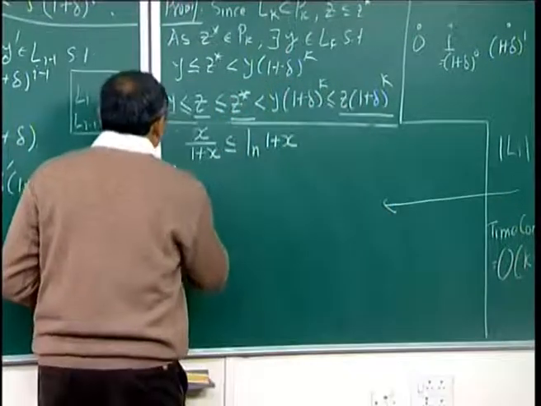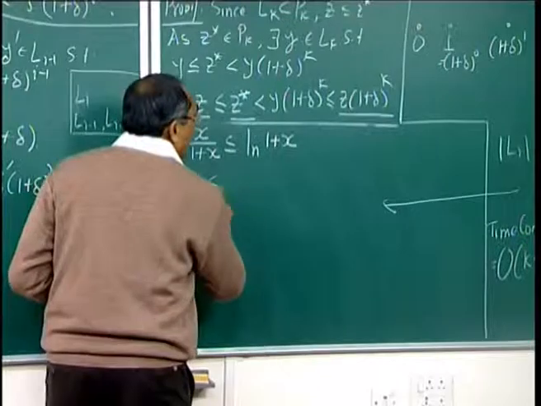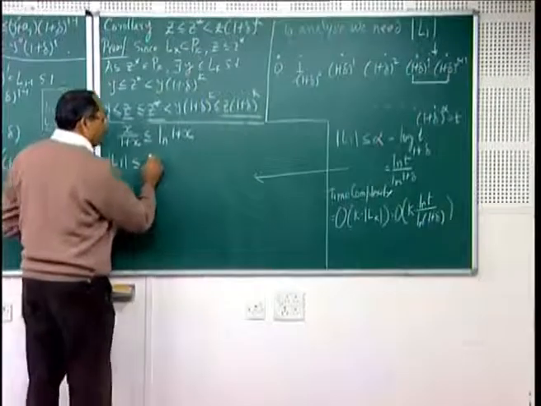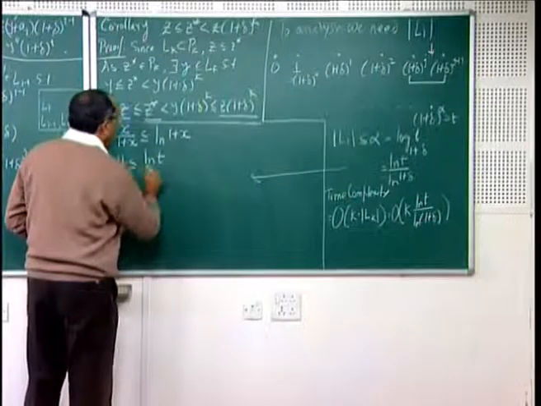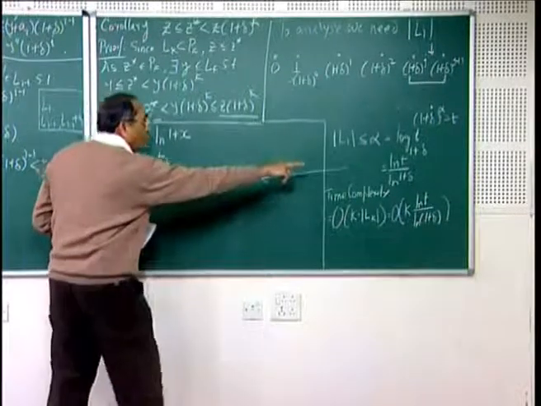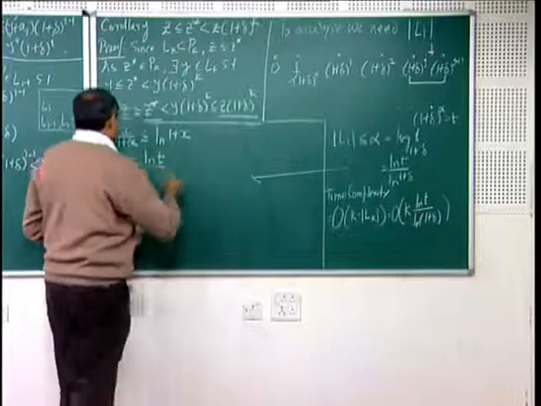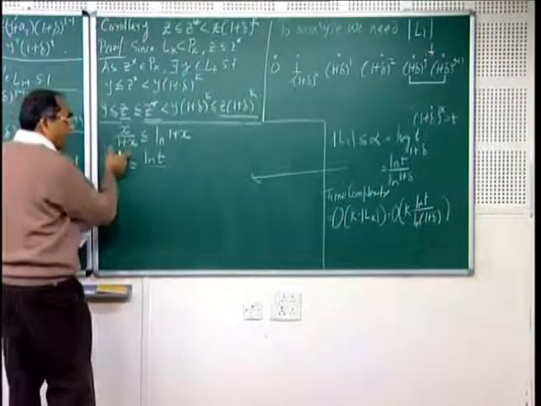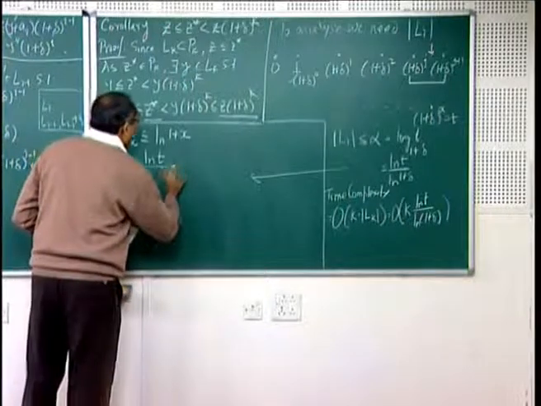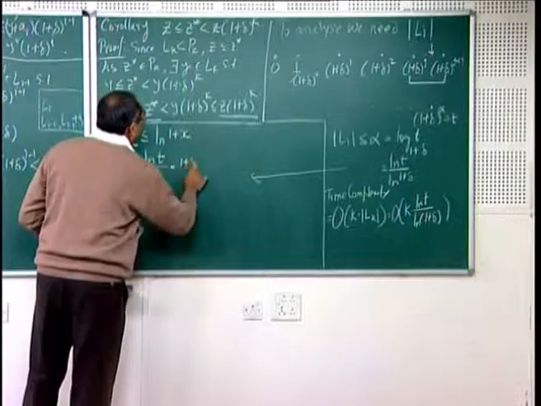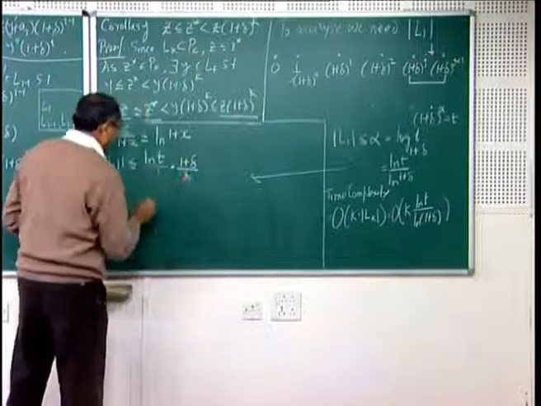inequality. So, we get Li to be less than or equal to natural log t over log 1 plus delta. So, that comes on the lower side in the denominator. We get 1 plus delta divided by delta.